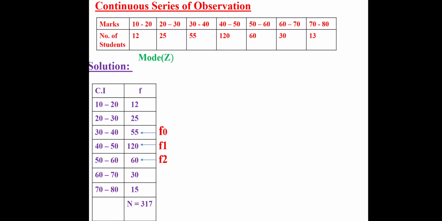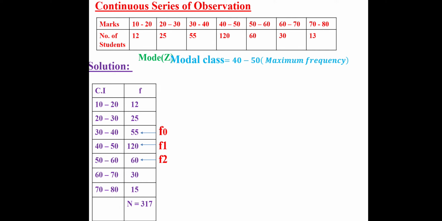The previous frequency of the maximum frequency class is f0, and the next frequency is f2. The class interval with the maximum frequency is called the modal class. Here the modal class is 40 to 50.